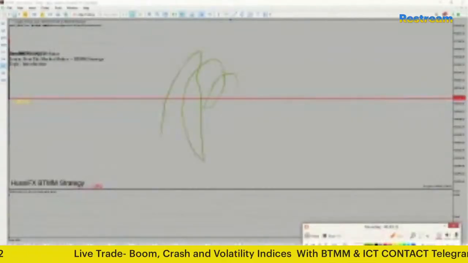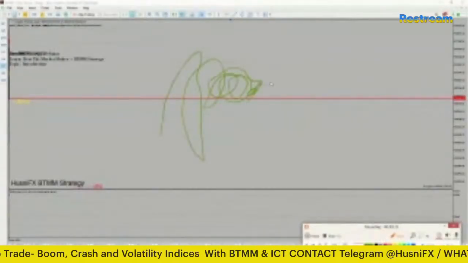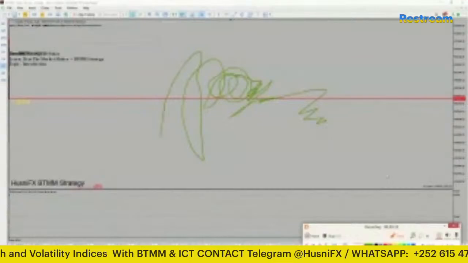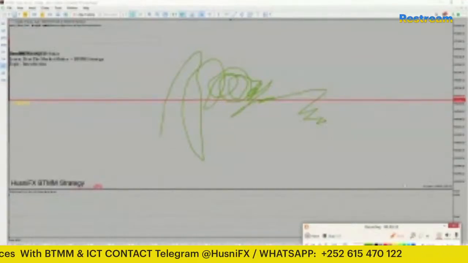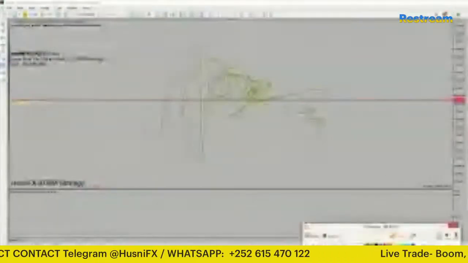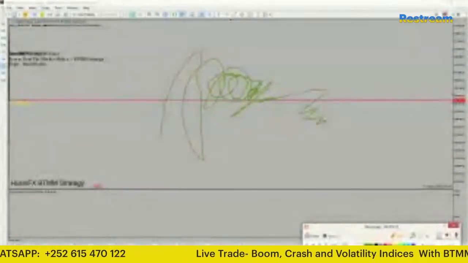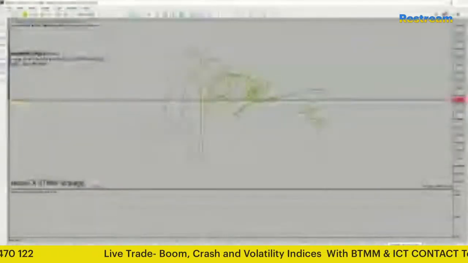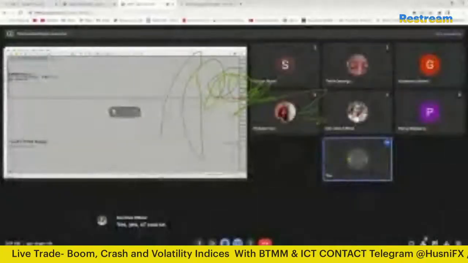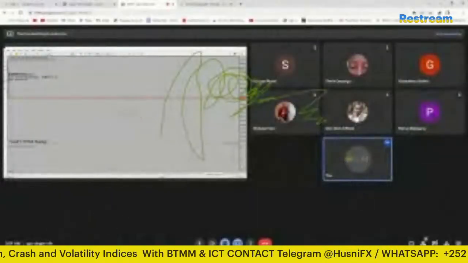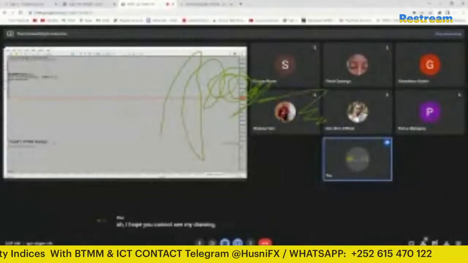Can you see my drawing? Oh, I hope you cannot see my drawing, but let me try another way.